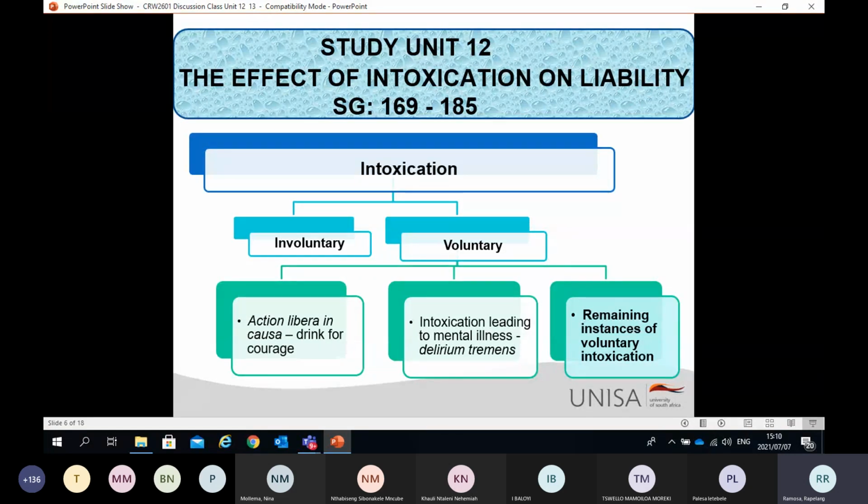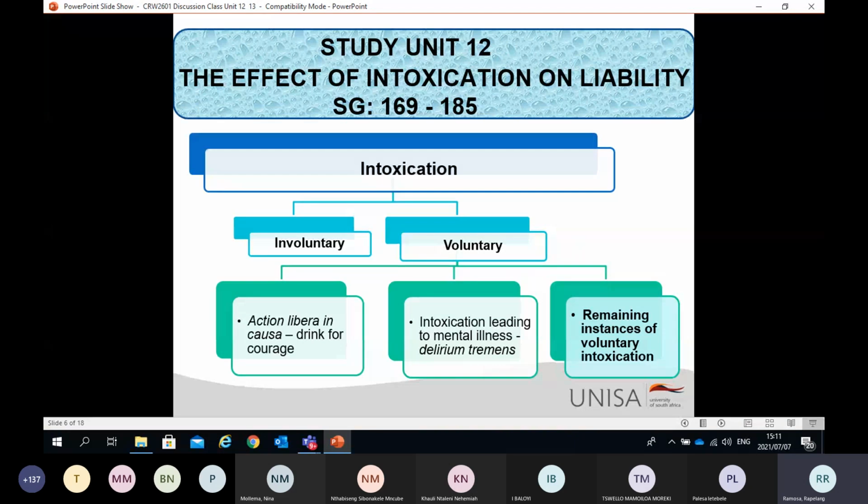So if, for example, you are at a bar and your drink was spiked unbeknown to you, and you become intoxicated, and in the course of it you are involved in a brawl and you assault somebody, because you were intoxicated involuntarily, you will not be found liable for assault, because you did not intend to become intoxicated. So that will be involuntary intoxication. We are focusing in this entire unit on voluntary intoxication.